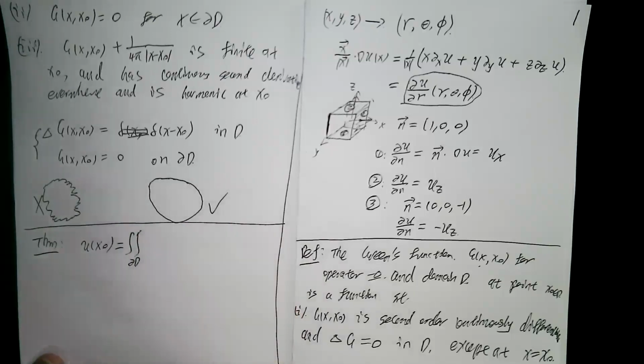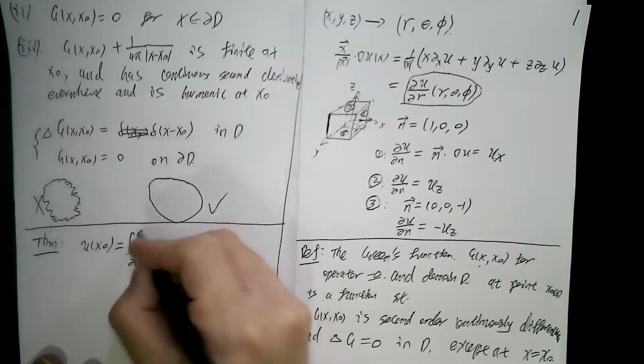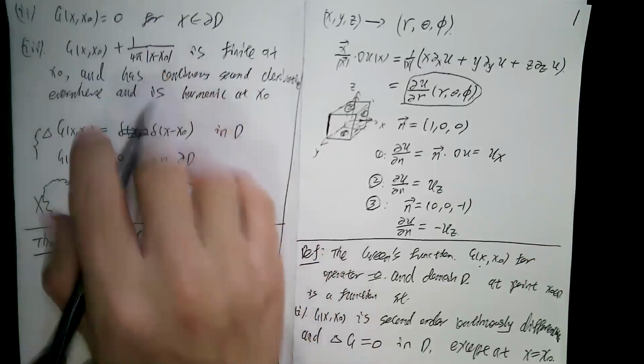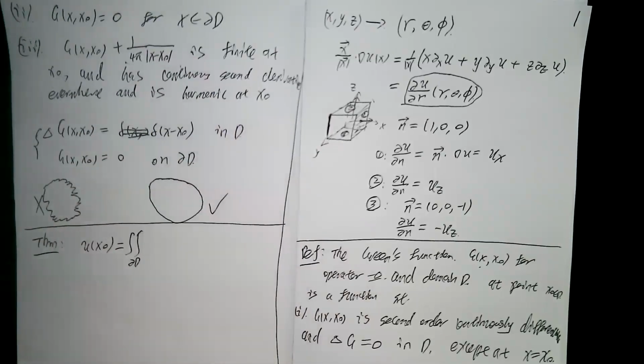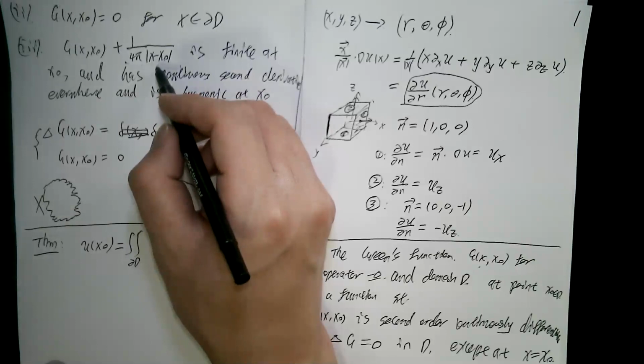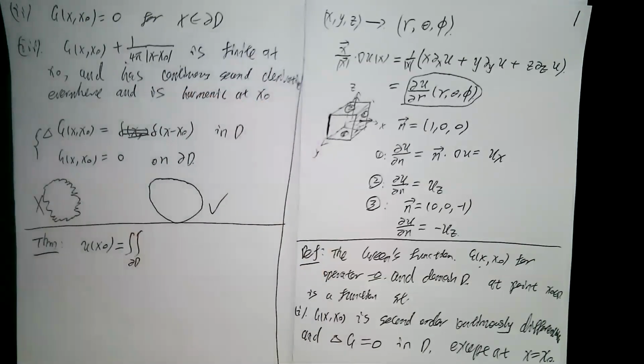If you want higher dimensions, that's also fine. You can get something similar, but the singularity part of your Green's function may be slightly different. For instance, in 4D, it will be 1 over |x minus x0| squared, and in 5D, 1 over |x minus x0| cubed.